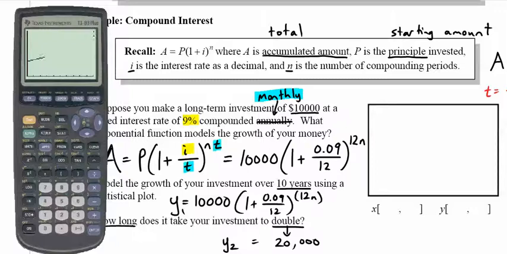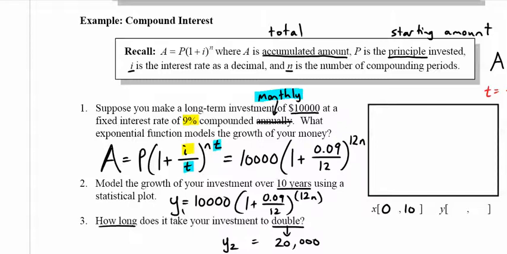So you can see when it's 0, I start with $10,000. And over 10 years, it starts to go up gradually. So here I'm going from 0 to 10 years, and I'm going from $0 to $30,000.